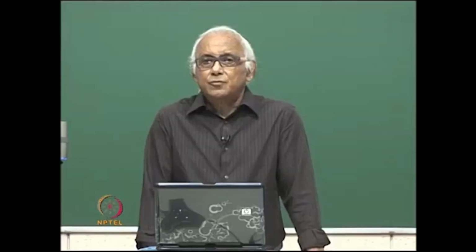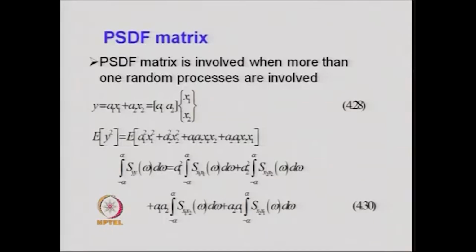Then if we want to find the mean square value or the variance of Y, the variance of Y can be given by the expected value of A1 square x1 square plus A2 square x2 square plus A1 A2 x1 x2 plus A2 A1 x2 x1. The last term is purposefully written like that: A1 A2 x1 x2 can also be written as A2 A1 x2 x1. So, instead of writing 2 A1 A2 x1 x2, we put it in this fashion.